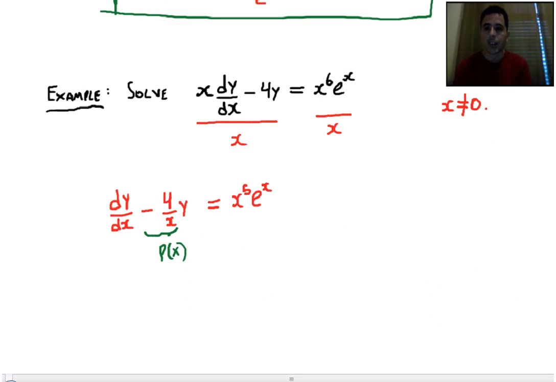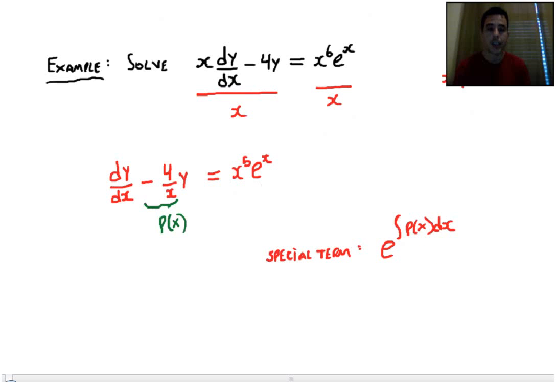So now let's recall that special term. That's e to the integral of p of x dx. All right, let's see what that is first. This is e to the integral, okay, p of x, that's negative 4 over x dx. What is the integral of negative 4 over x?